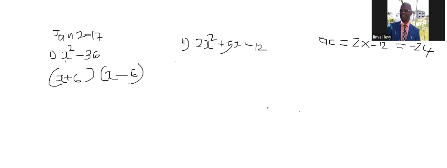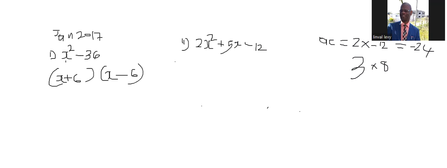We have 3 times 8, let us see. But 3 times positive 8 gives us positive 24. So it means that one of them has to be negative, all right?